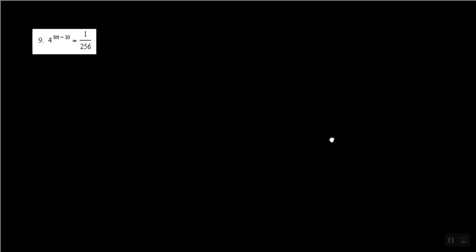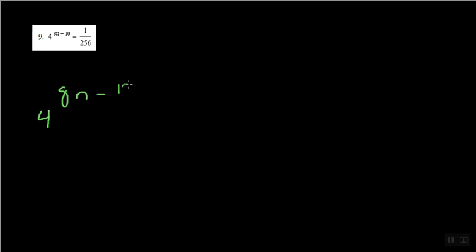Alright, final question. This one it might trip up most students, but I think you got this. I'll give you a couple of seconds to try and work this out. Okay, so the first thing we need to do is we need to convert 1 over 256 into exponent notation. So keep the left-hand side the same. 4 to the 8n minus 10 is equal to 4.